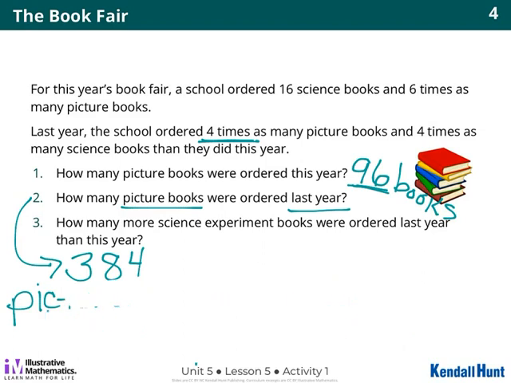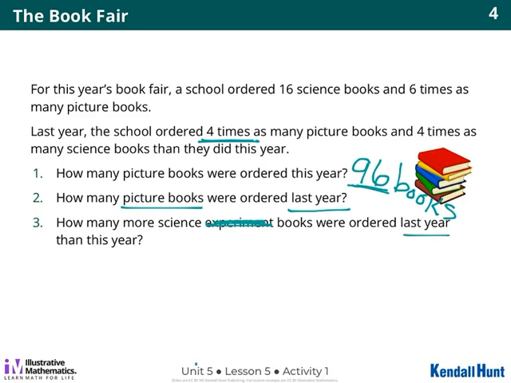All right, let me make room. Okay, how many more science, and it says experiment. I think that's a typo. How many more science books were ordered last year than this year? Keston. 48. How did you get 48?